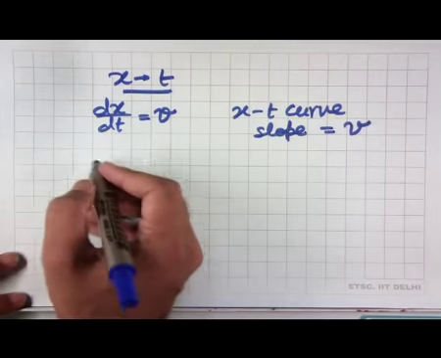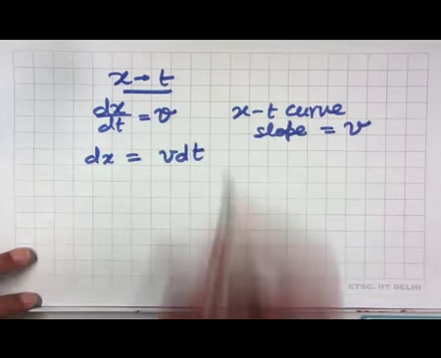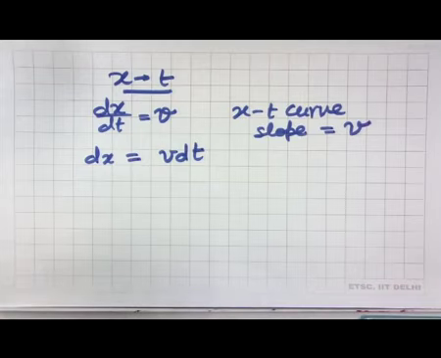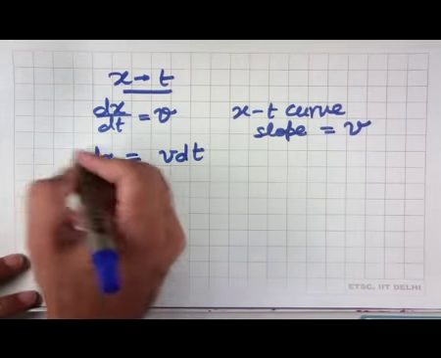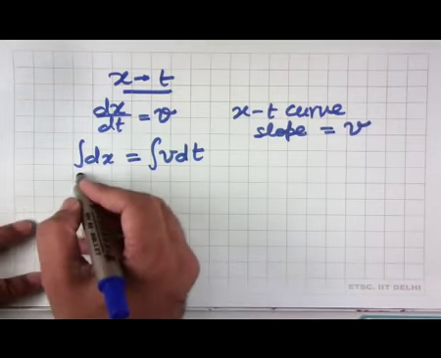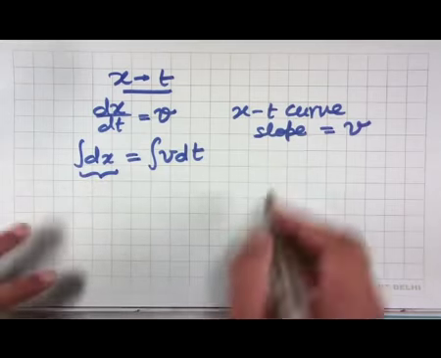So, therefore, what we can do is we can write this as dx is equal to v dt. In some sense we are assuming either v is constant or given to us as a function of time. And here if we integrate this, then we get integral dx is equal to integral v dt.